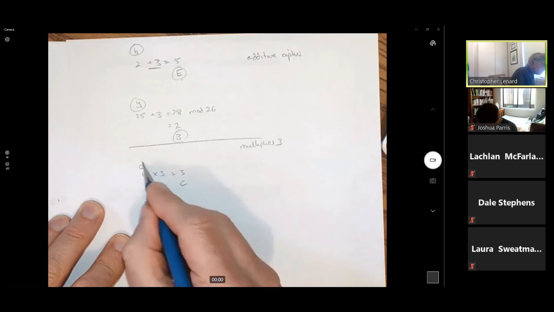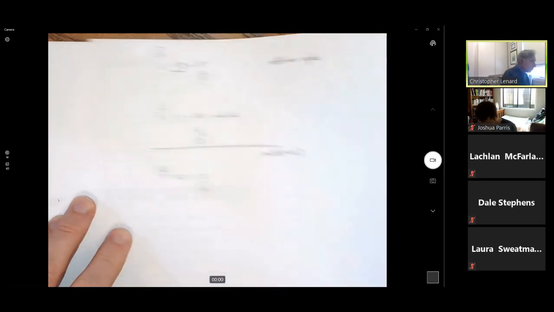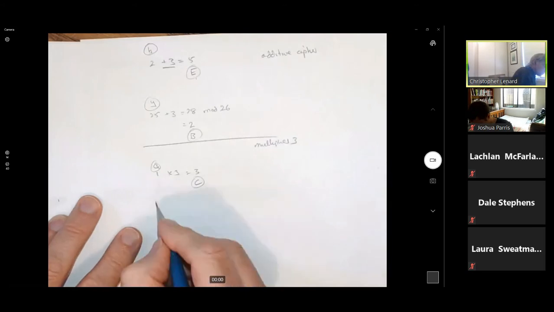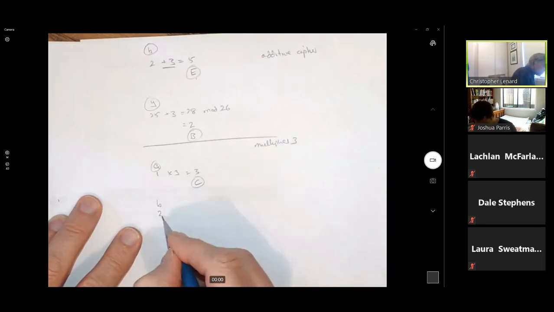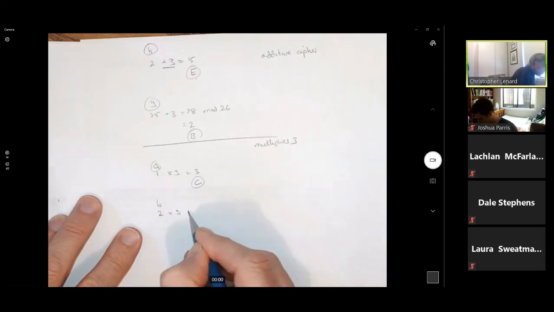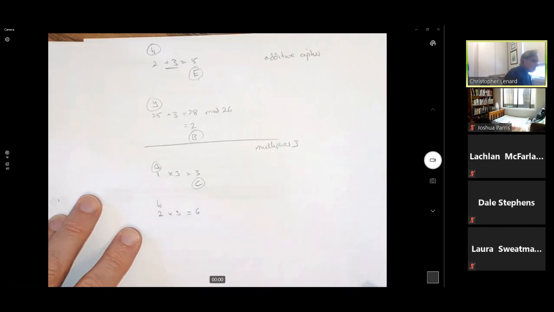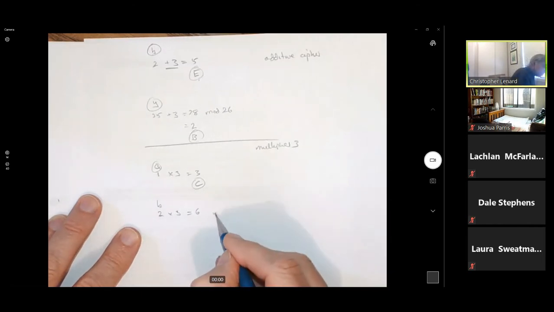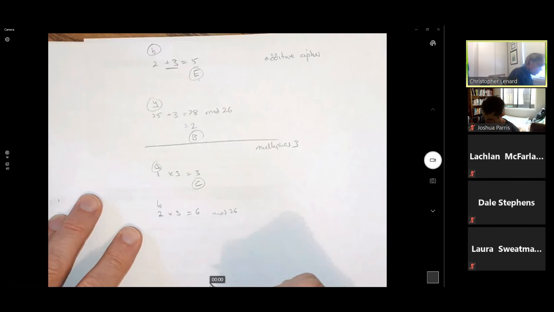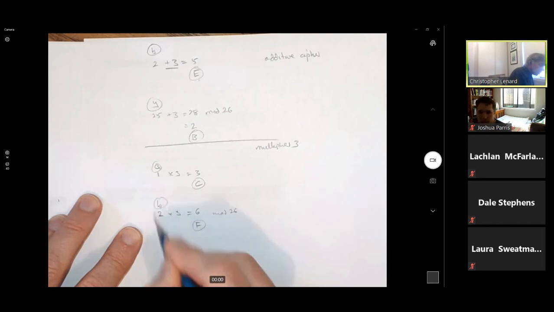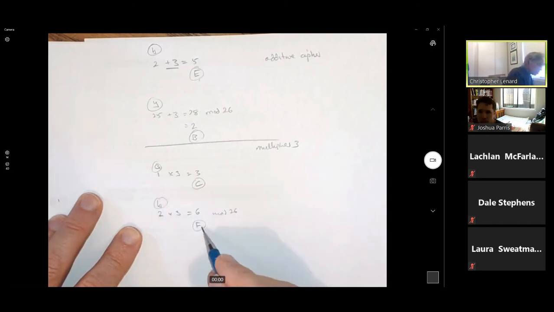C. So A gets enciphered to C. What about B? B is the second letter. We multiply it by 3, we get 6. We don't have to reduce it because it is already reduced. What's the sixth letter of the alphabet? F. So plaintext B gets encrypted into ciphertext F.